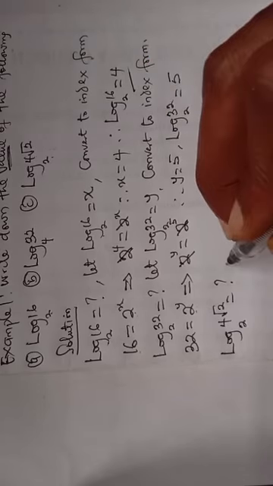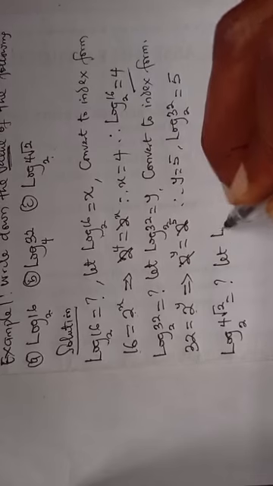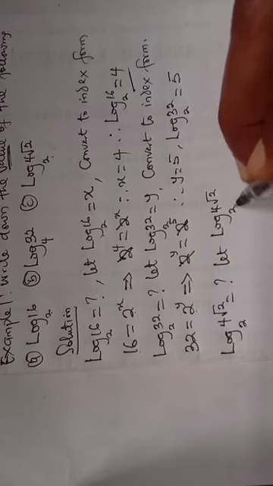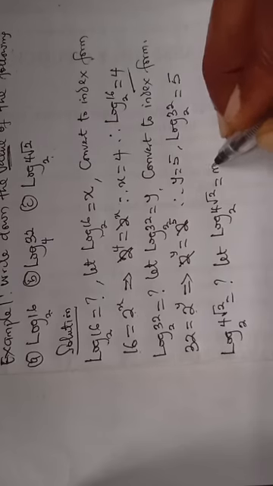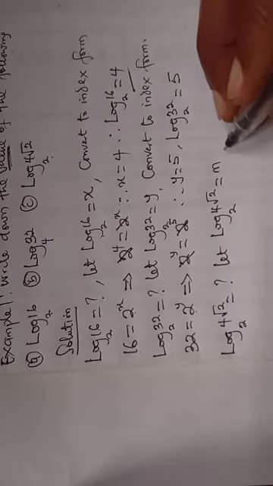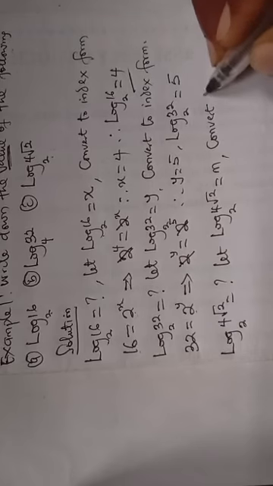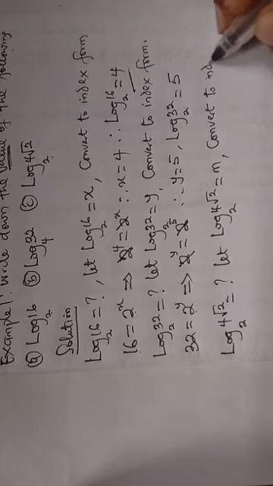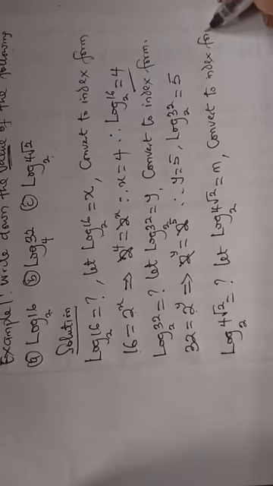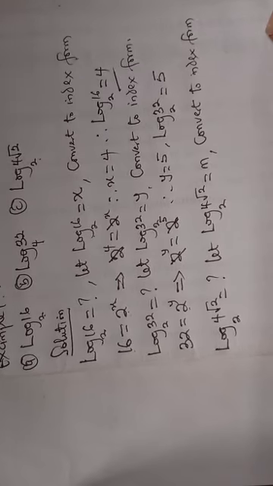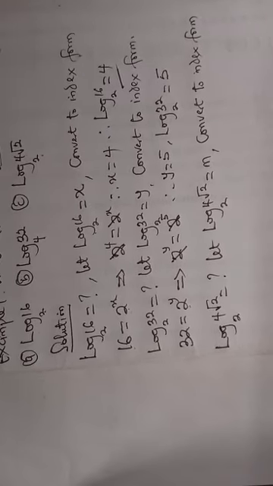Now let's continue. I will say let log 4 root 2 to base 2 equal m. Okay, then I can say convert to index form. Is that okay? Now, when I do, I'm going to have something here.